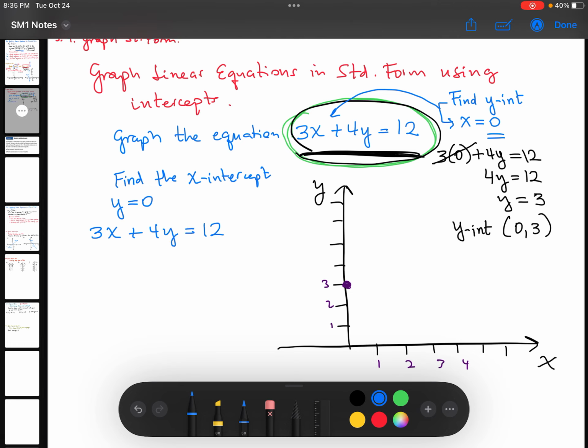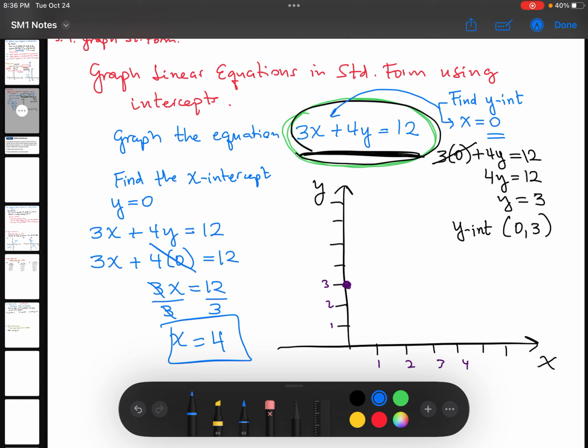But this time, I'm going to do it the other way around. 3x plus, we already know what y is. It is 0. So this is gone. So we have 3x equals 12. And divided by 3, we get x equals 4.